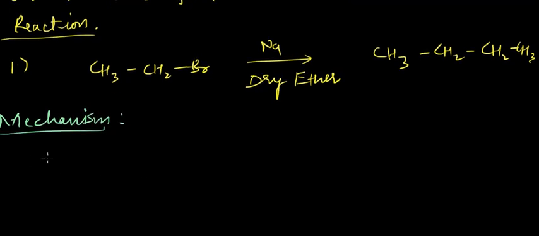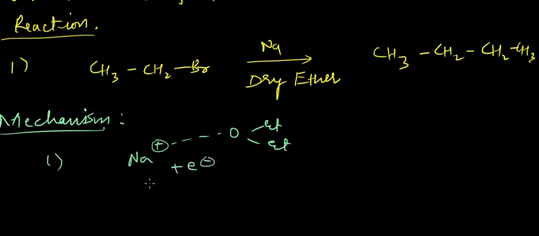The mechanism is, we have first sodium in the presence of dry ether. It will look something like this: this is the sodium ion and this is dry ether. Sodium will break up into sodium ion plus electron. Because ether has lone pairs of electrons, it will be combining, though not a complete bond.